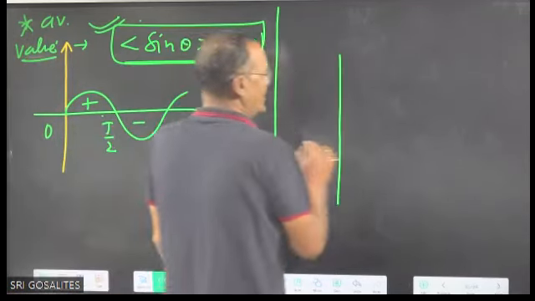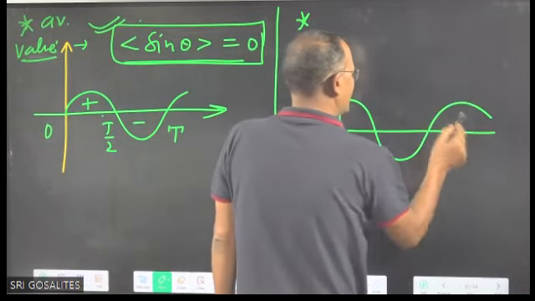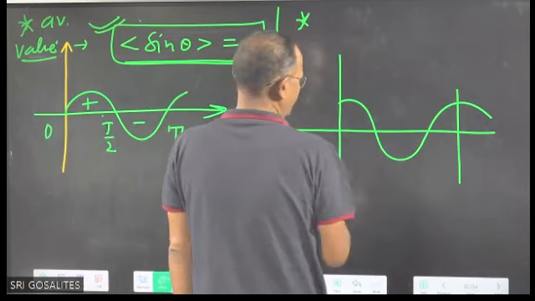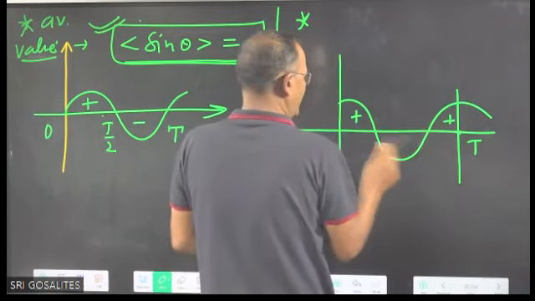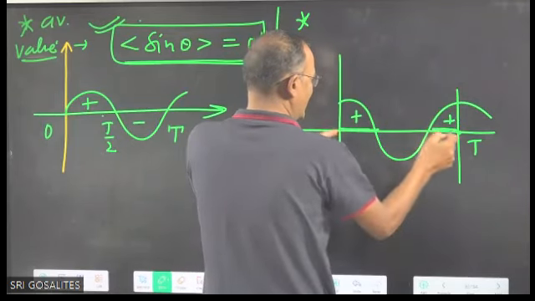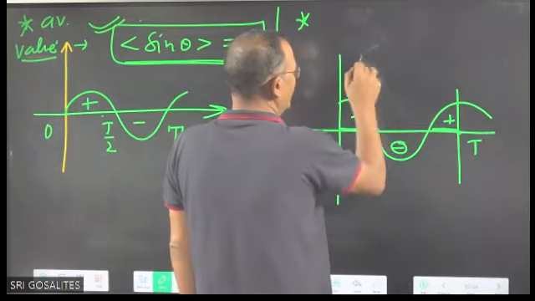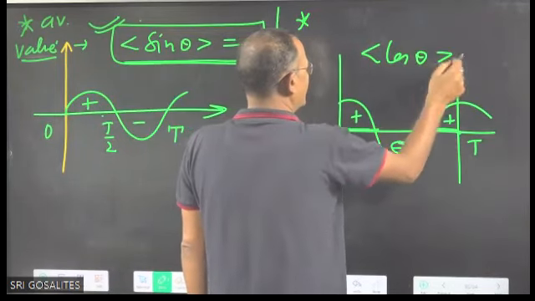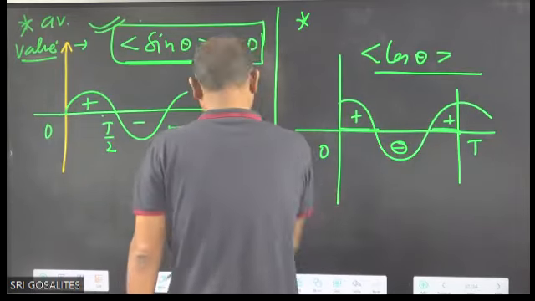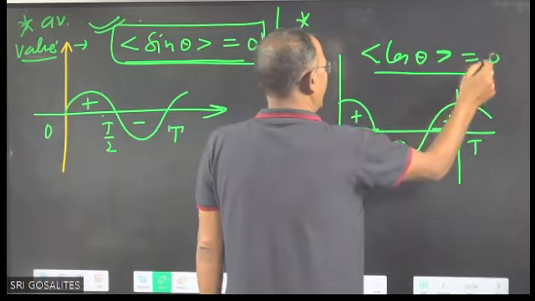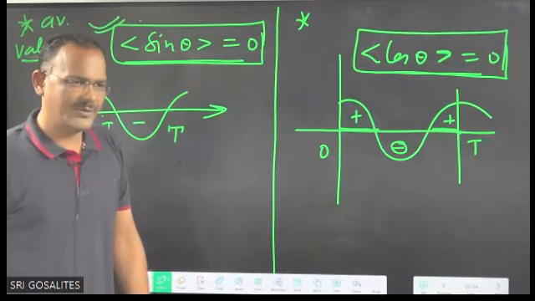Similarly, if you see for the cos, for one time period up to here, both quarter cycles will make a positive half cycle, and this downside is negative. So the average of cos theta is also 0. Keep in mind, for one time period, the average value of cos theta and sin theta is always 0.